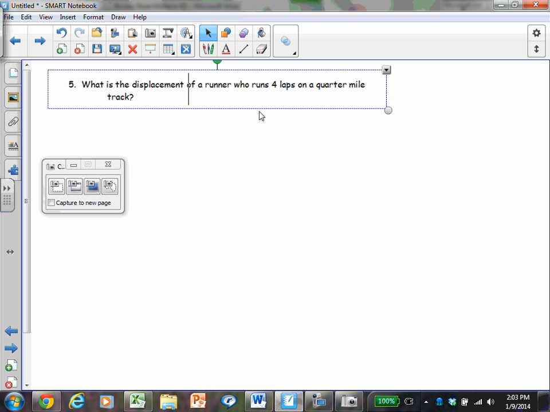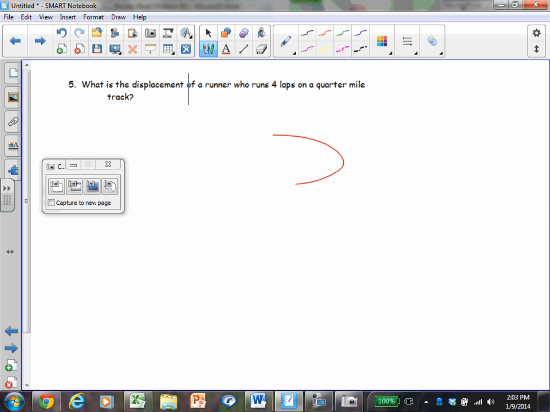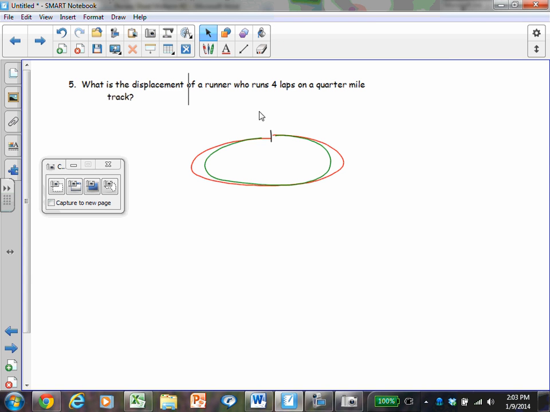What is the displacement of a runner who runs 4 laps? Okay, so distance would be what? If he keeps going around... So the distance traveled would be a mile, because 4 times around, right?